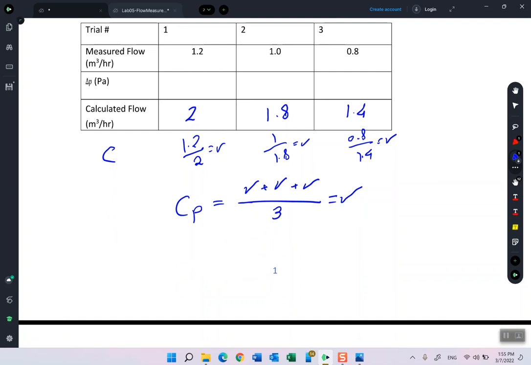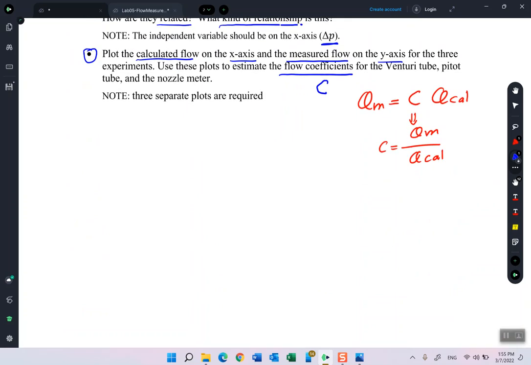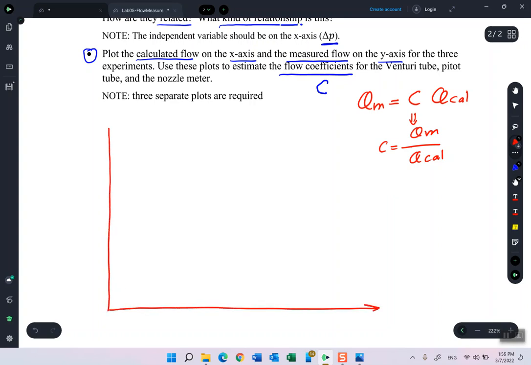It's better to plot the relationship between QM and Q calculated and do some kind of fitting to get an accurate value for the discharge coefficient C. Why will this be accurate? Of course it won't be very obvious in our example, because we only have 3 measurements or 3 trials.